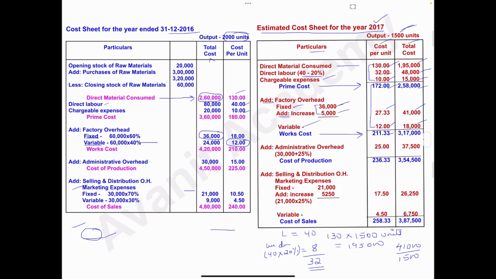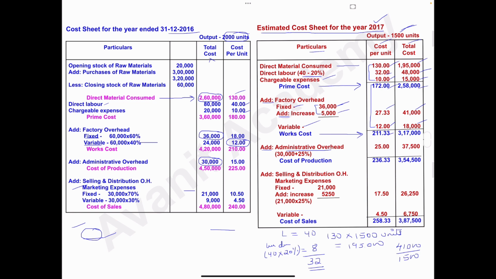Next, add administrative overhead. Administrative overhead, we have to think that it is fixed. Okay, it is administrative overhead is fixed in nature. So administrative overhead, see the total cost column. Office overhead, how much is the amount? 30,000. Here they have given adjustment related to this office overhead.